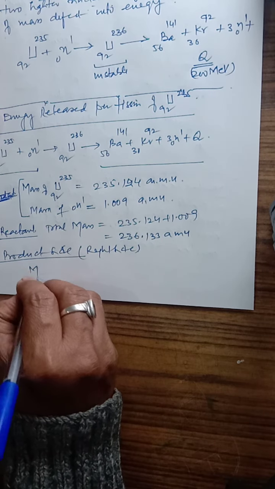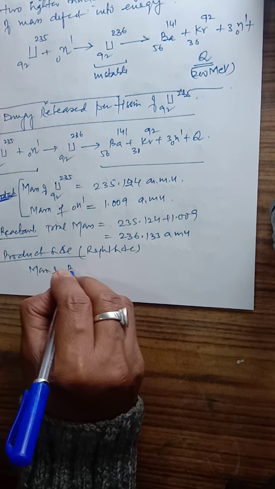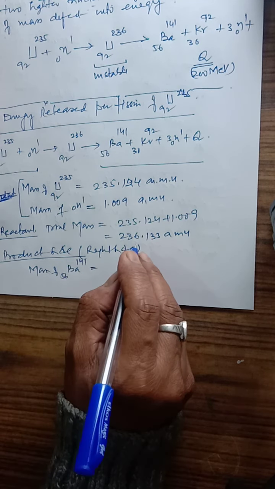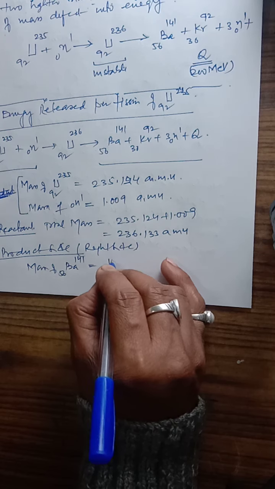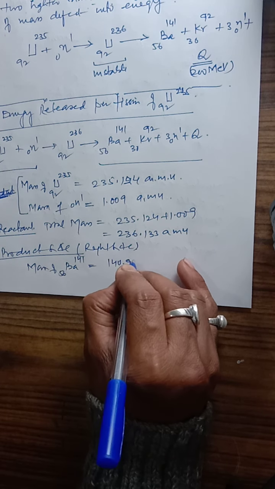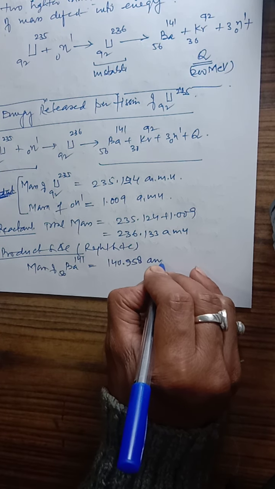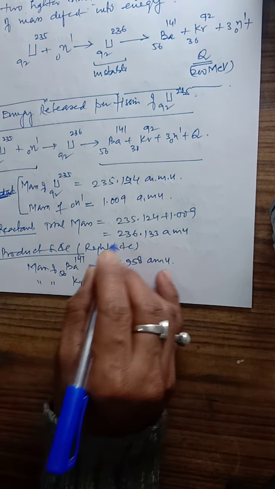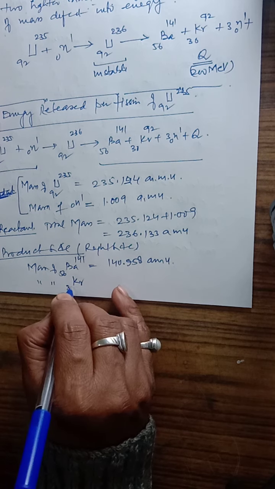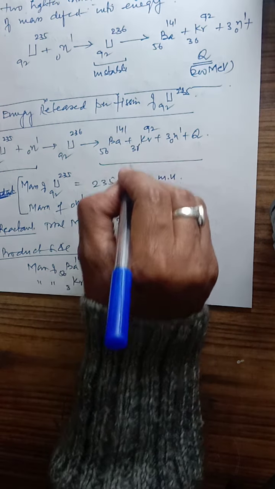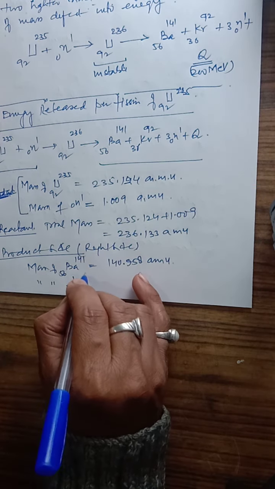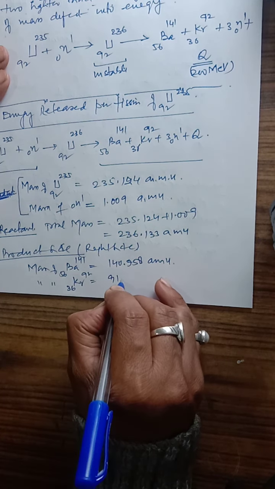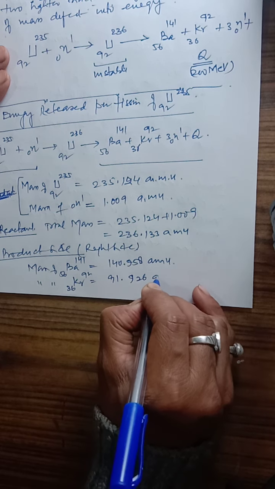Next is the mass of barium-56, 141, that is equal to about 140.958 AMU. The next is the mass of krypton-36, 92. It is 91.926 AMU.